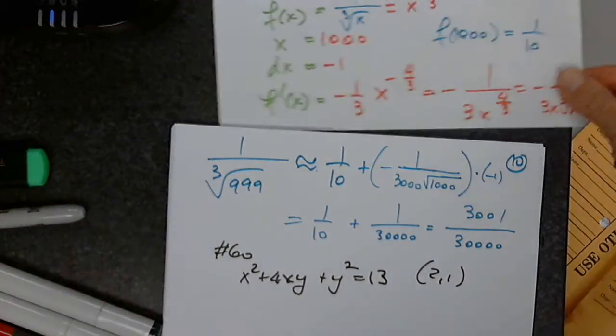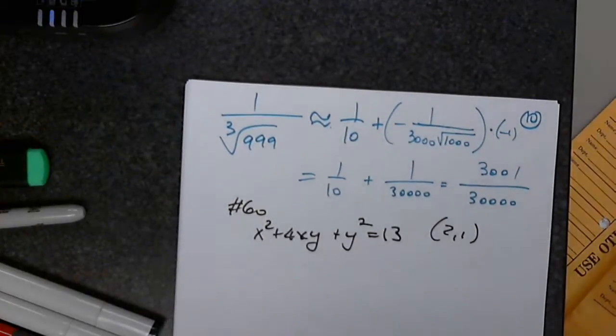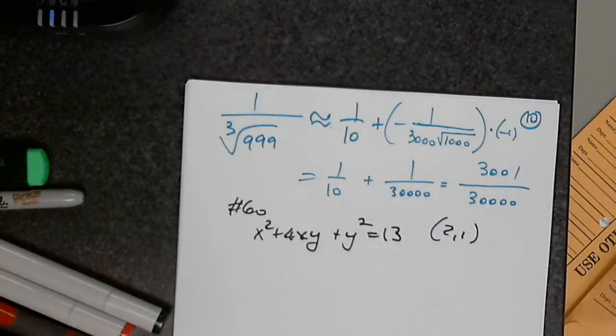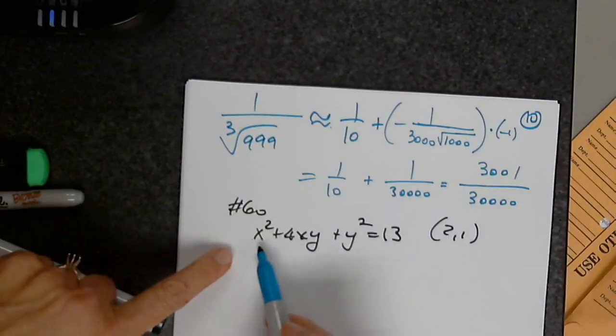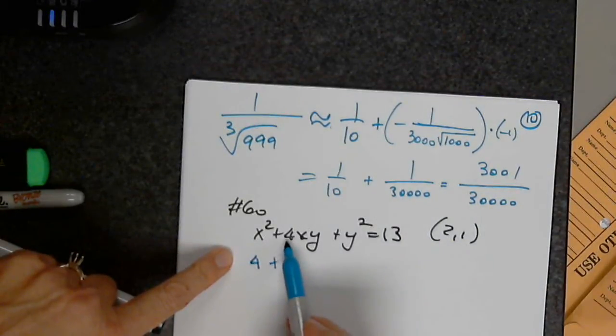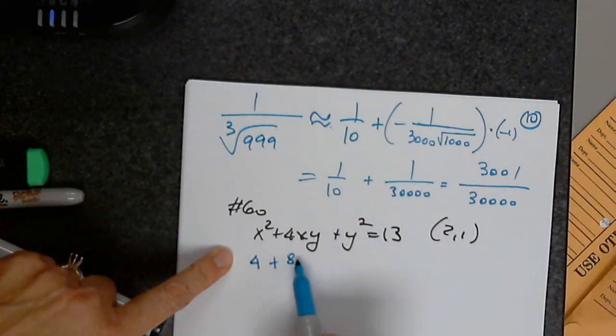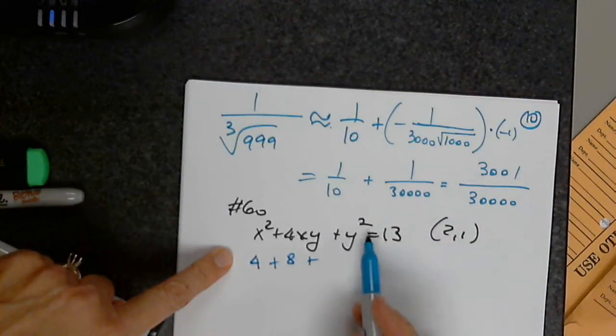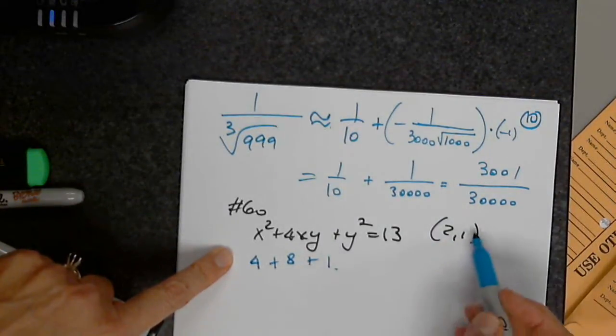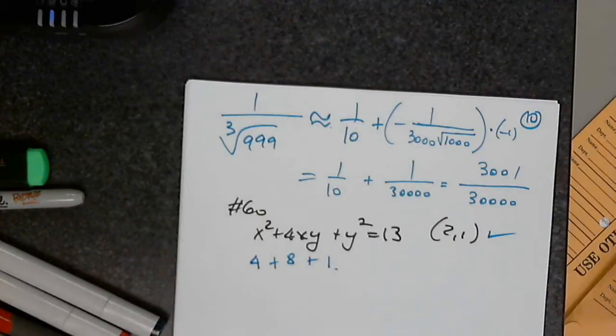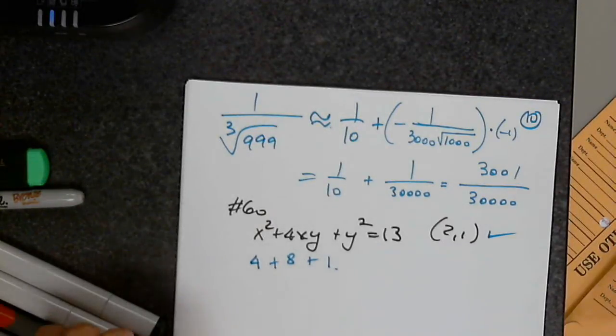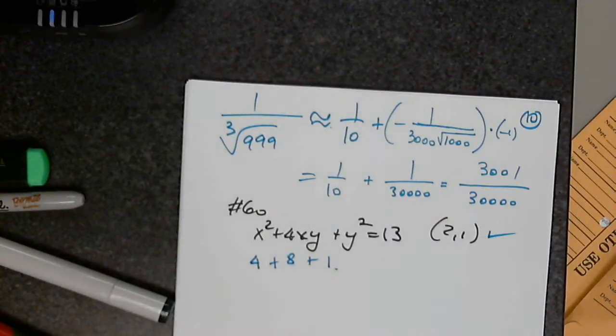So we are given a curve, and we are asked to find the equation of the tangent line at the point 2 comma 1. You know me, I want to check everything. When I plug in 2 here, I get 4 plus 4 times 2 is 8, plus y squared, which is 1. 12 plus 1 is 13. Yes, 2 comma 1 is a point on this graph. Good.